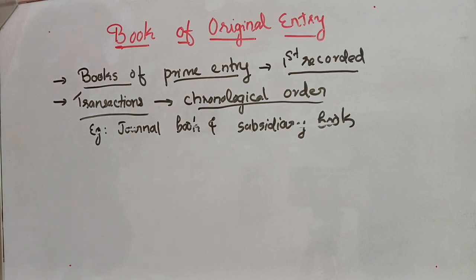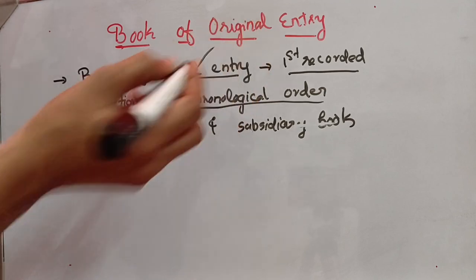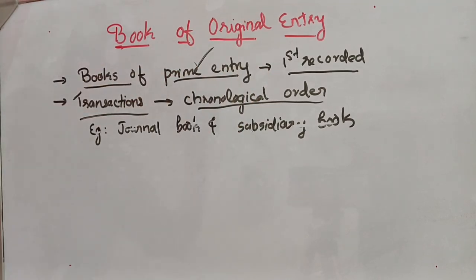We are recording transactions into the books of record. So books of original entry are also called books of prime entry because these are the first record of transactions. That is why they are called books of prime entry or books of original entry.